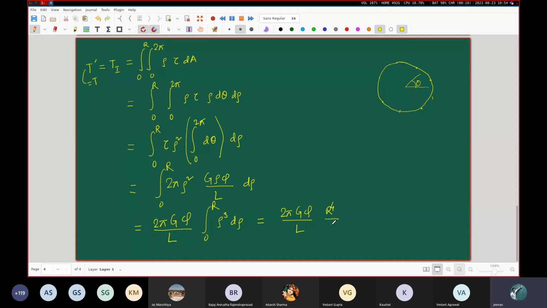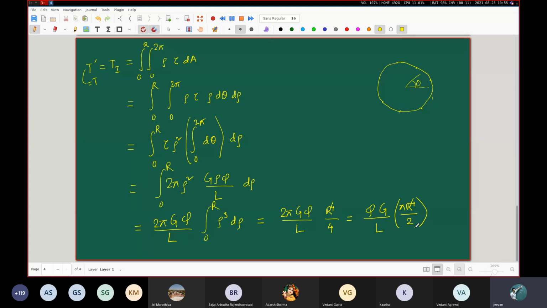So what we have here is twice pi G phi by L, and then this is R to the power 4 by 4, which basically means that this is phi, you also have the G, then pi R to the power 4 by 2, divided by L. Now this particular thing, pi R to the power 4 by 2, has nothing to do with the material property.